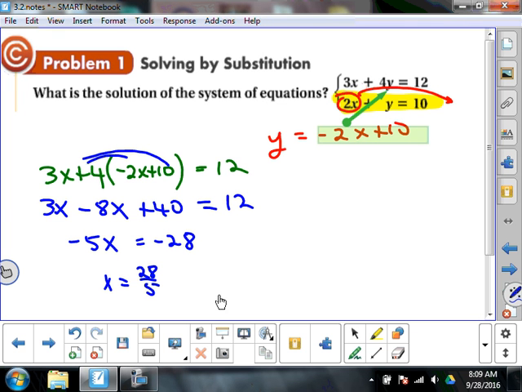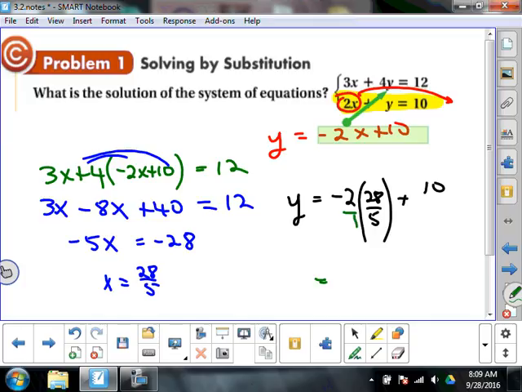So then y is going to equal negative 2 times 28 fifths. Oh, I'm using my magic marker. That's not going to show up. It's going to be gone. There it goes. So y equals negative 2 multiplied by 28 fifths plus 10. Fractions. Got to multiply across the top, multiply across the bottom.